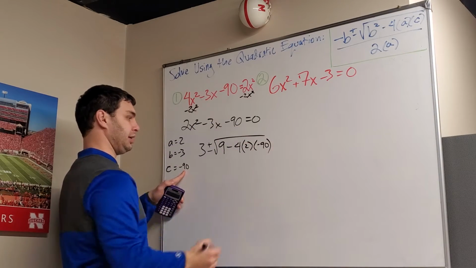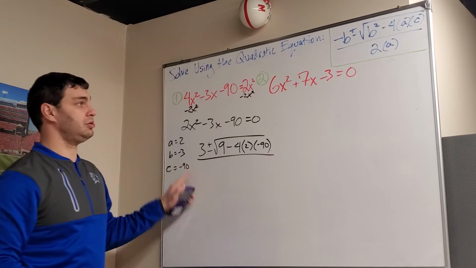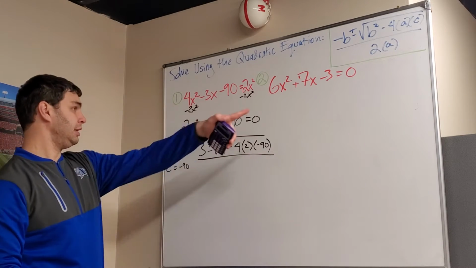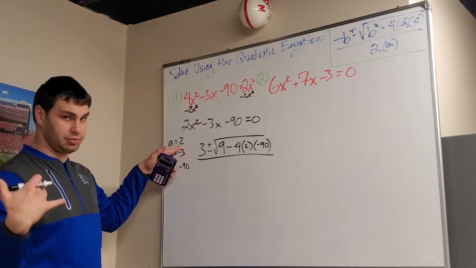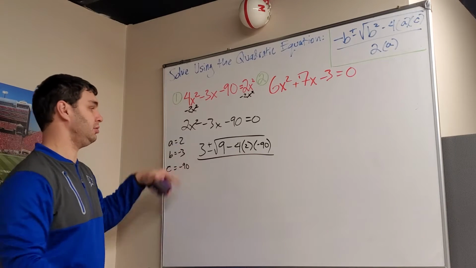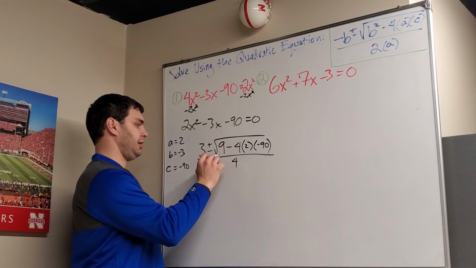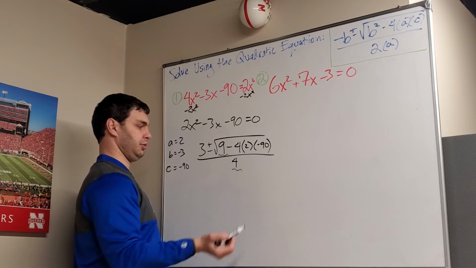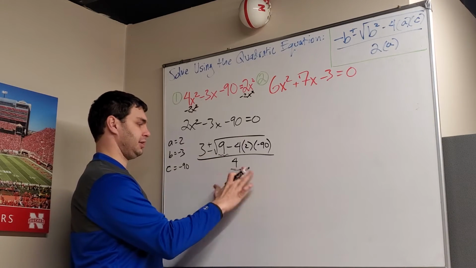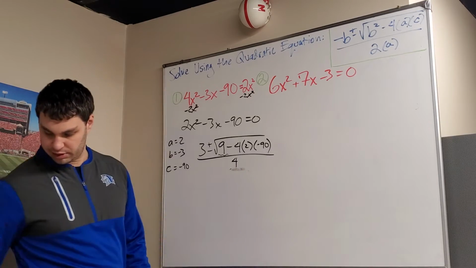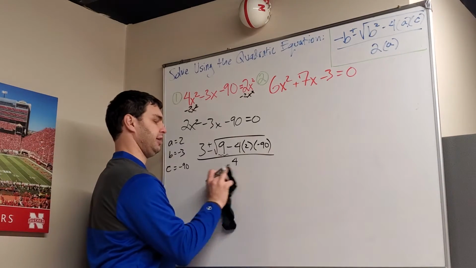That's going to be really big. Divided by 2a. I would just encourage you to do this in your head, right? 2 times 2 is 4. The parts that you should probably do in your head are the b squared and the 2a. I just think it makes one less step when you're simplifying it later.